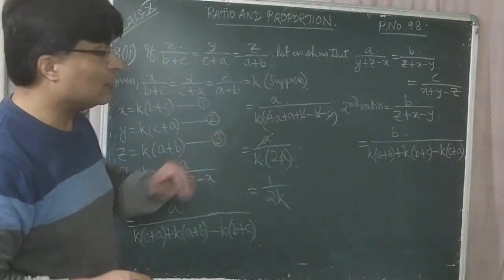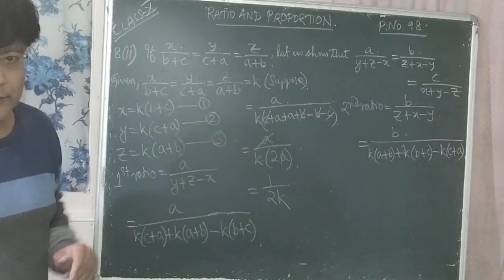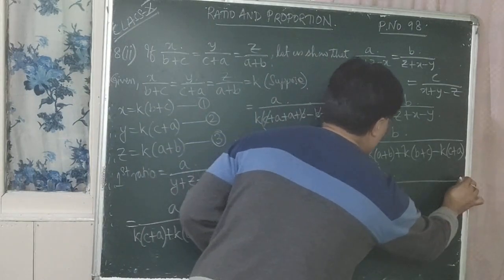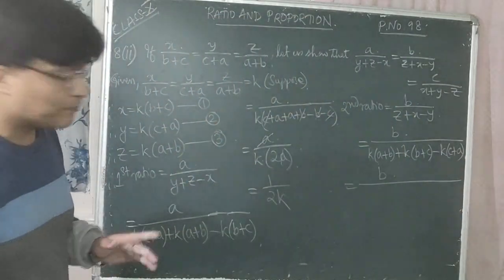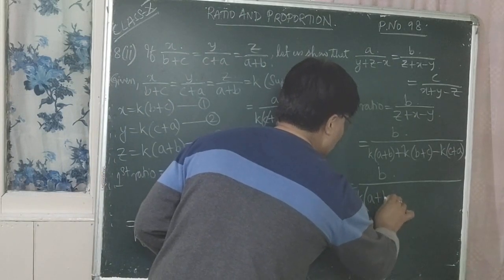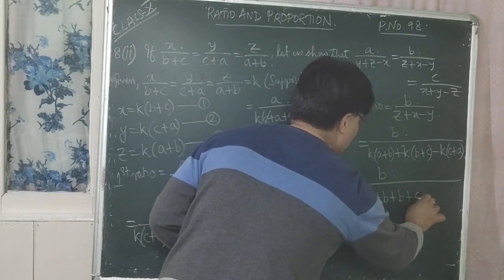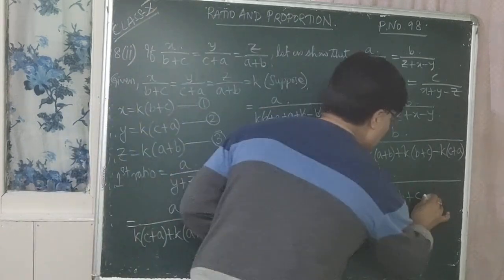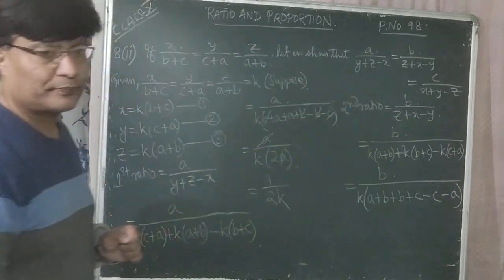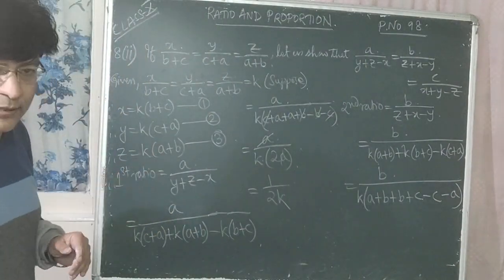Again, similarly you can simplify this expression, right? So is equal to b upon, so what is common out here? It is k is taken common. So within bracket we have a plus b plus c, then minus c, minus a. So I think you have understood it.